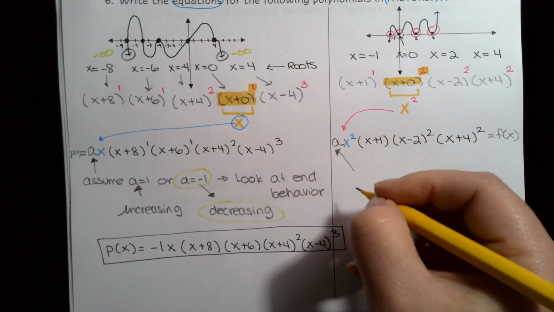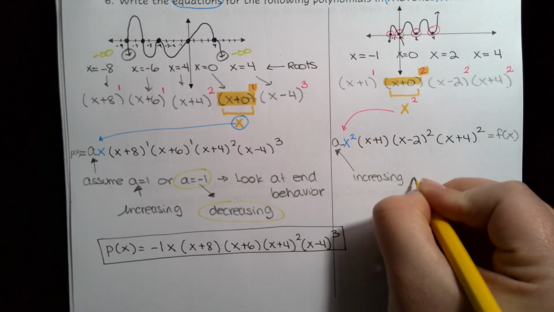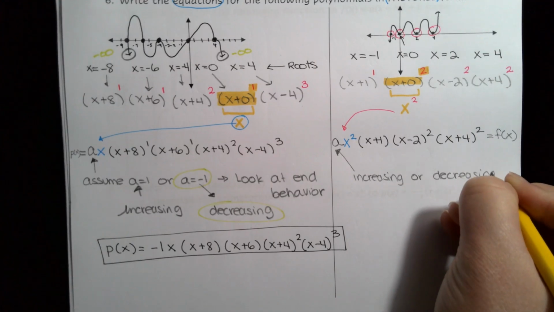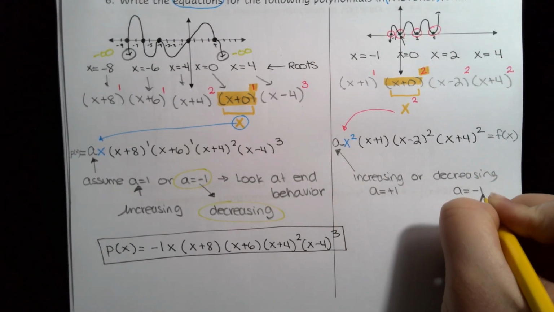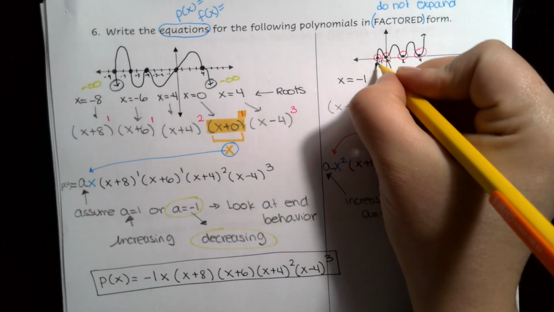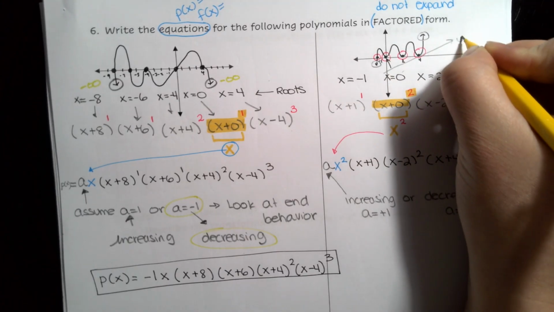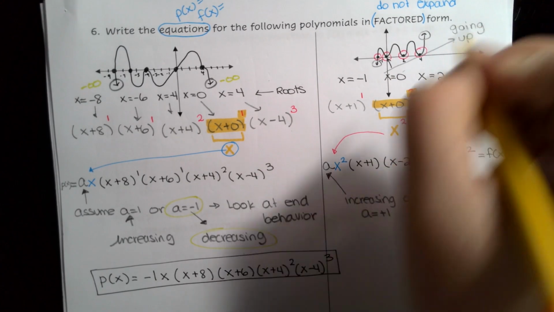You're going to ask yourself a question: is this an increasing or decreasing function? Increasing means a is a positive 1. Decreasing means a is a negative 1. So if we're taking a look here, we have going down, going up. We are increasing, and we are going up from left to right.